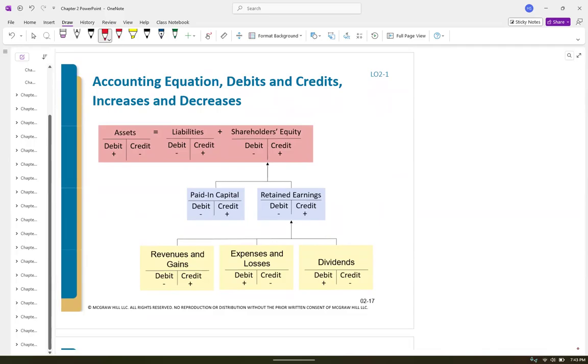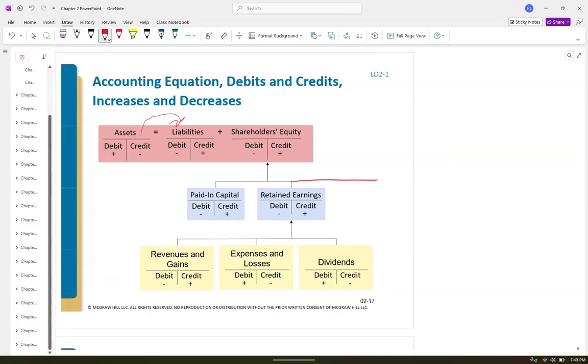So there we have our assets. Remember, we cross over to our liabilities, and they have a normal credit, and shareholders' equity has a normal credit balance. The paid-in capital and retained earnings both look just like the shareholders' equity.